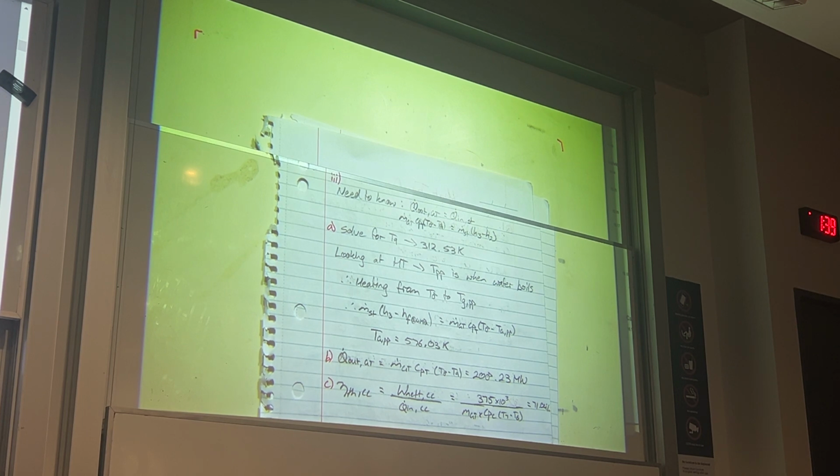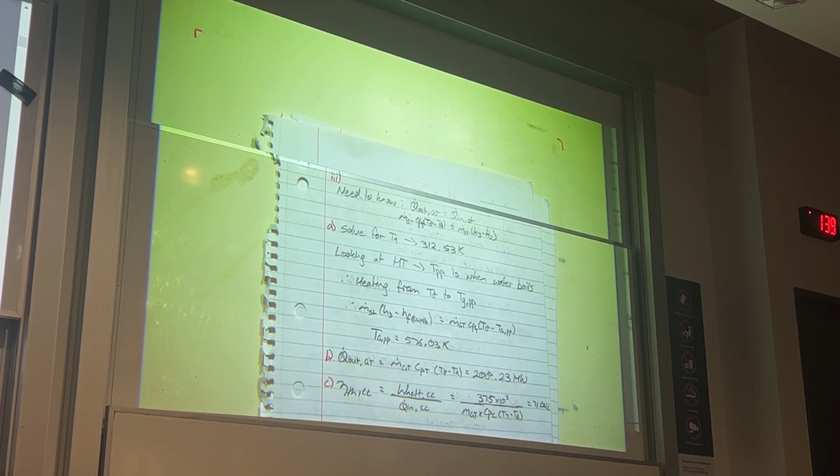Is that T7 minus T6? On the bottom, under 375 by 10. Oh, yeah, it would be, because the only energy that's going in is in the combustion.